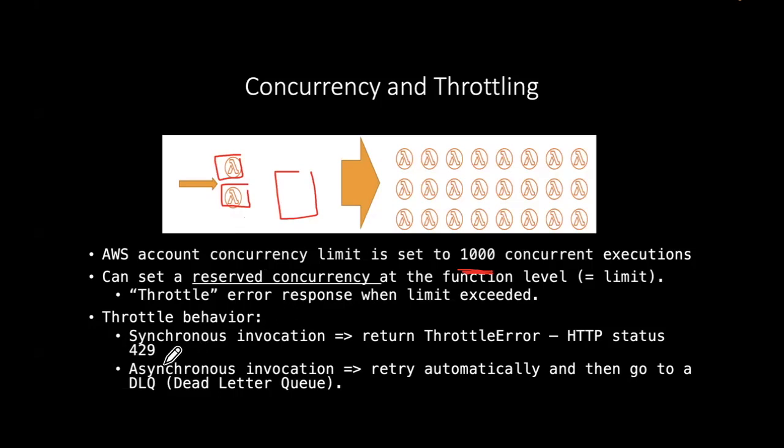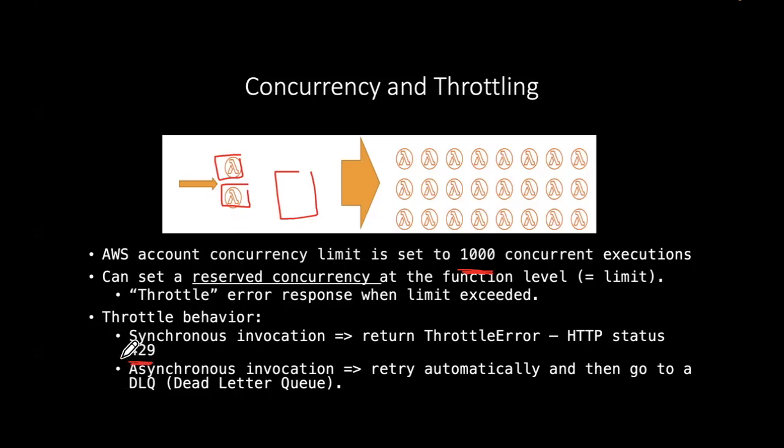The throttling error at the HTTP level is a 402 error. So there could be cases where you have a client, again, like a mobile app, a web app or a desktop app, that receives a 402 response when you try to trigger a Lambda from it using the synchronous communication model.